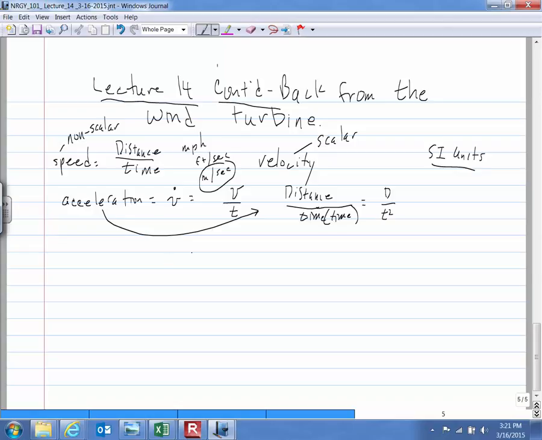So I might be speeding up by 30 miles per hour per second, or whatever the rate is. That'd be awful fast, but okay. And you look at SI units. The SI unit for distance, again, is meter, and for time is seconds. So it's meters per second squared in SI units, as acceleration.